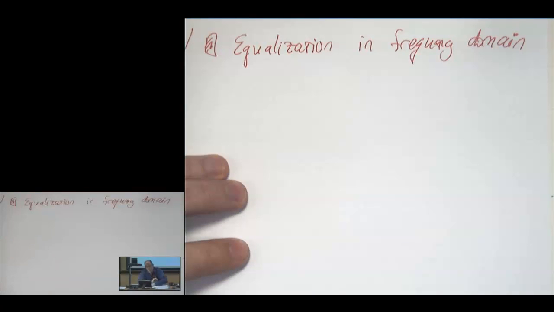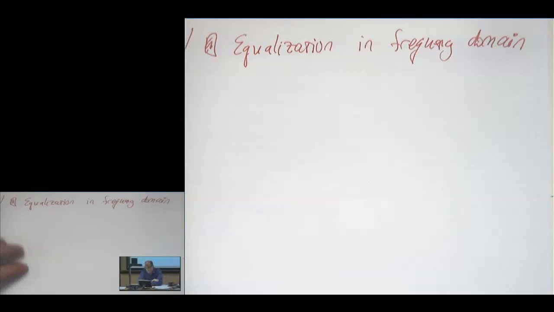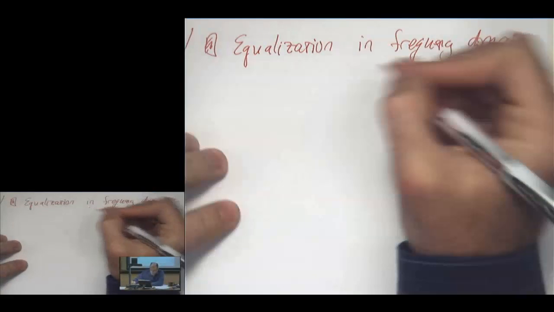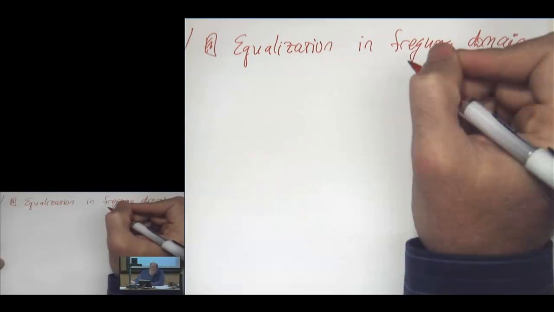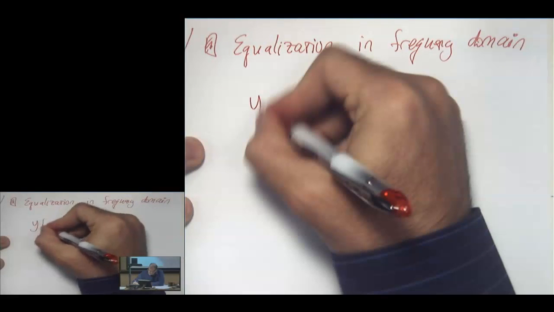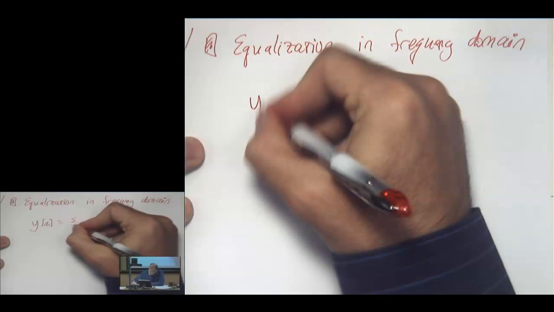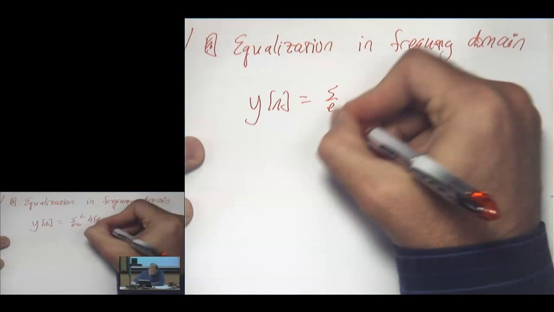So in the next lecture, we're going to talk about how exactly that works, and this lecture is going to motivate that particular structure here. Effectively, if we neglect noise, we've got an input-output relationship that looks like this here.